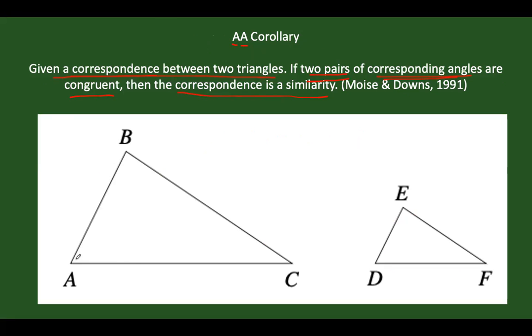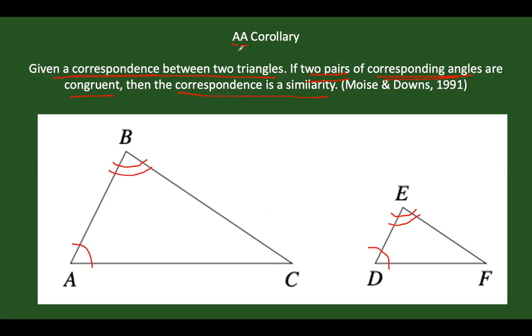All right. So now let's illustrate this corollary using this figure. So let's say angle A corresponds to angle D and B corresponds to angle E. So let's assume that A is congruent to D, and angle B is congruent to angle E. So these are the two corresponding angles which are congruent.